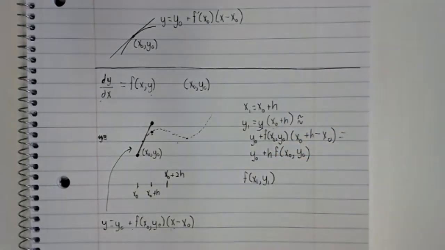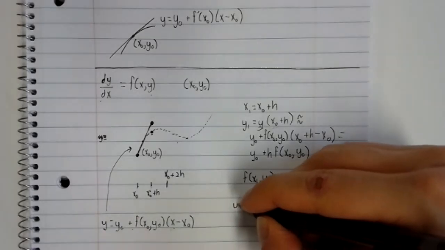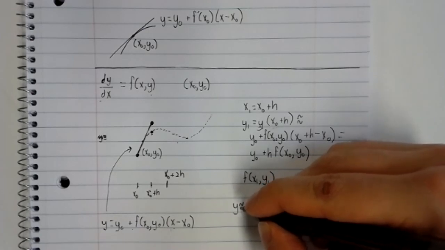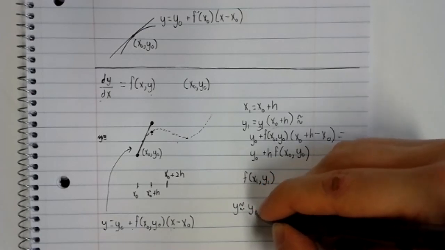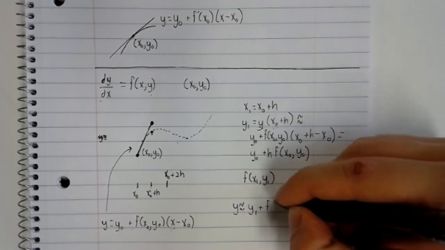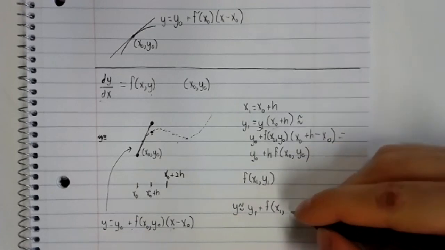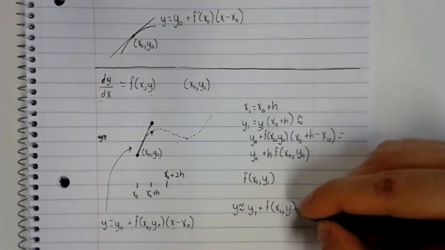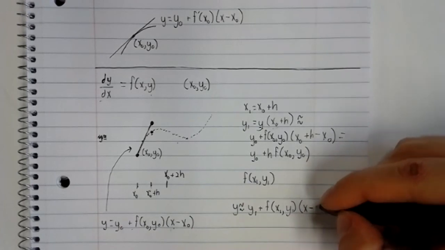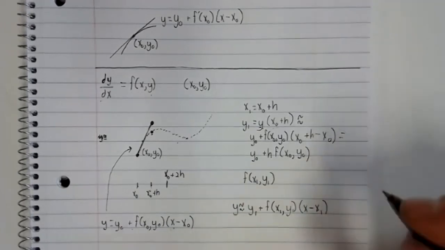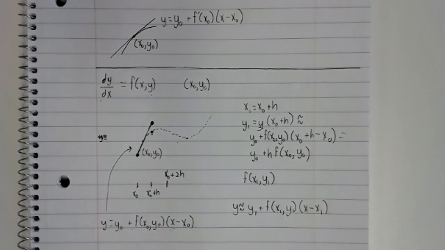And now we have an approximate point and an approximate derivative, and we can linearize on this interval x sub 0 plus h, x sub 0 plus 2h. y is approximately y sub 1 plus f of x sub 1 comma y sub 1 times x minus x sub 1.